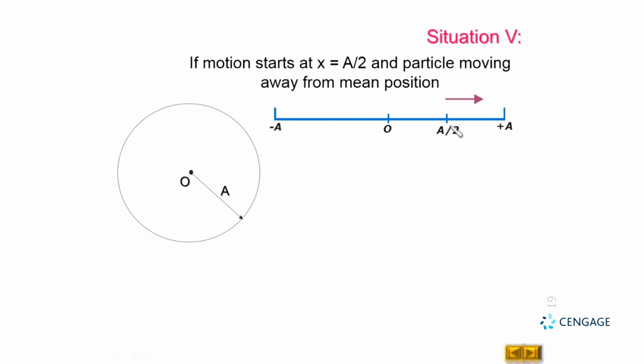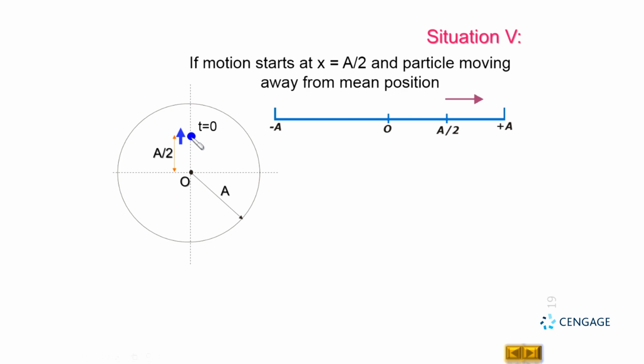You can observe this is located at a distance A by 2 in the positive displacement direction. So if we draw a vertical diameter, this should be the position of the particle at t equal to 0. You can observe it is also moving toward the plus A direction. So this is the position of the particle.